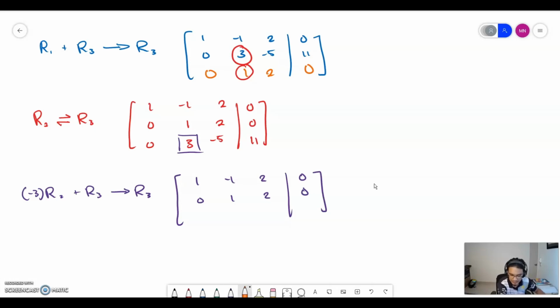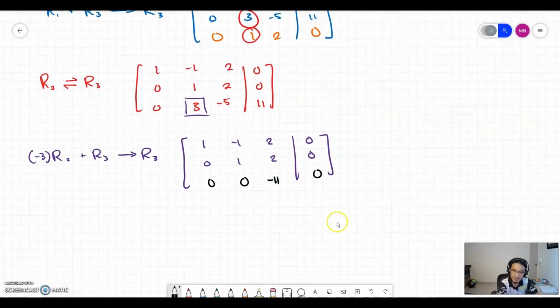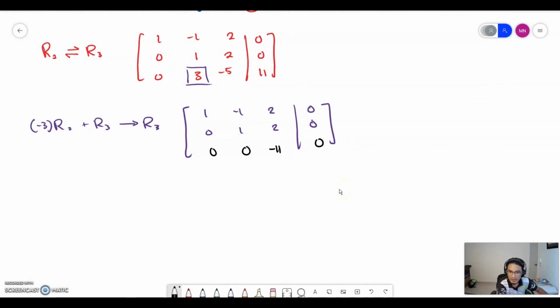Then the third row now will become 0, 0, negative 11 and 0. Okay, done. We have done the number under the second leading diagonal.